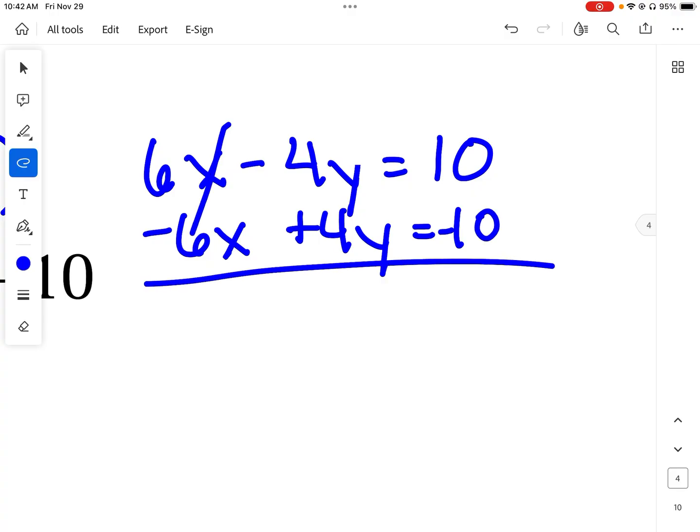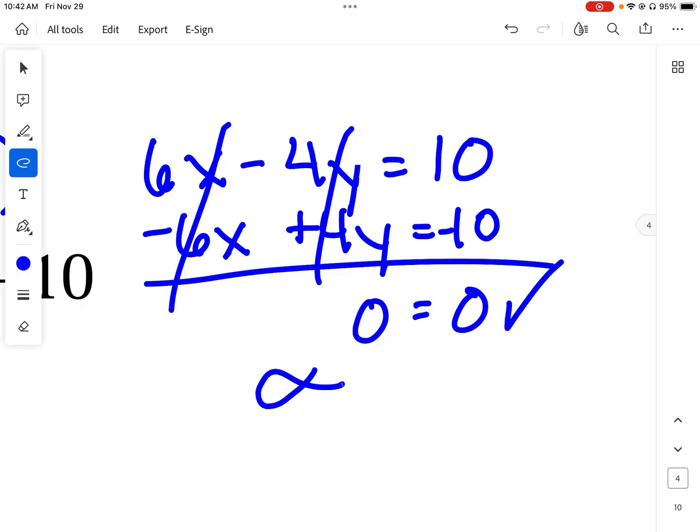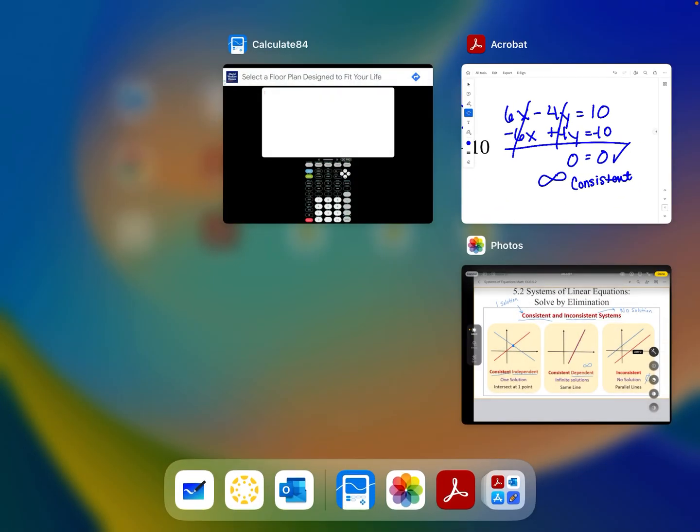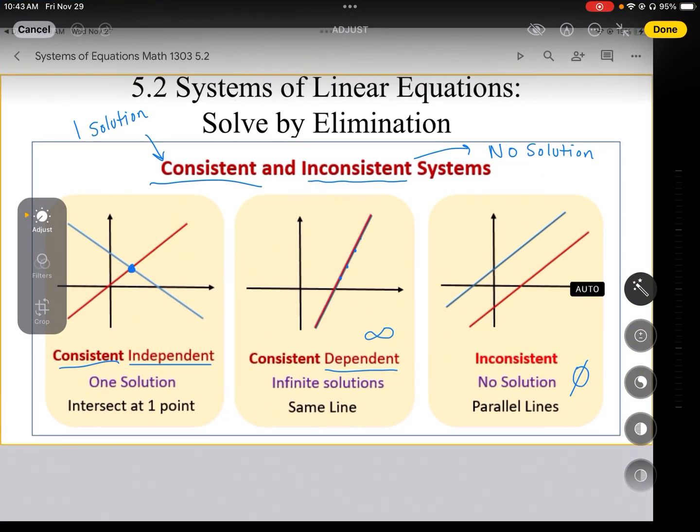I'm going to add those up. They cancel. I get 0 equals 0. Ooh, that's true. So that's good. So I have infinite solutions. So it's going to be called consistent, but it's dependent. Let's double check that. Consistent and dependent, yes.